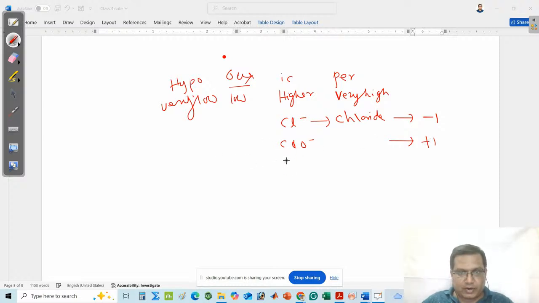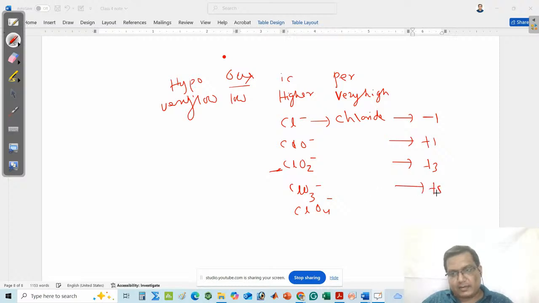Next, suppose I want to move to ClO2 minus. Next, I will move to the other example, ClO3 minus. Next is your ClO4 minus. Look at that. If I find out the oxidation number of chlorine here, then the oxidation number is plus 3. Here you can find plus 5, and here you can find plus 7.